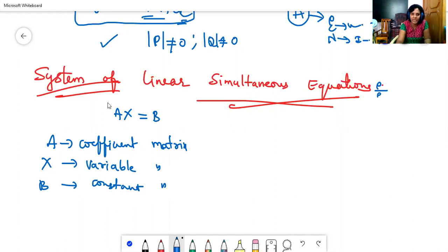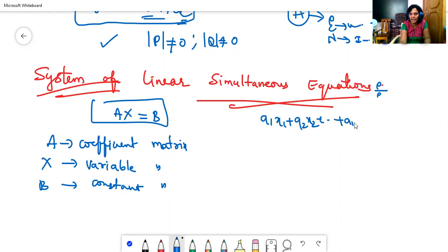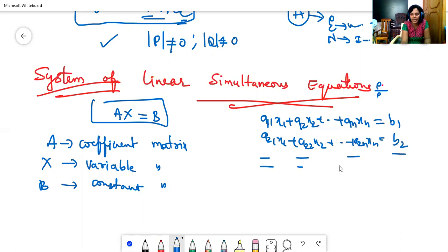Here is how we get Ax equal to b: a1 x1 plus a2 x2 plus so on plus an xn equal to b1. Taking a11, a12, a1n, then a21 x1 plus a22 x2 plus so on plus a2n xn equal to b2, and so on. Suppose we take m equations: am1 x1 plus am2 x2 plus so on plus amn xn equal to bm.